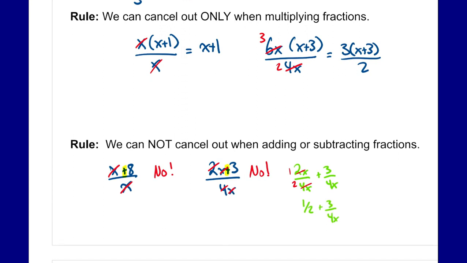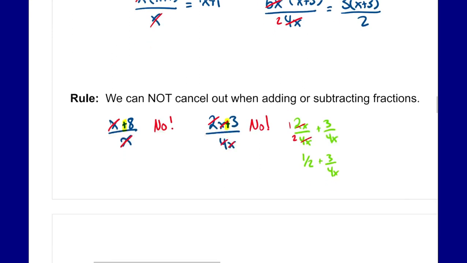I could do that, but then again, I would want to add my fractions together to simplify it, which wouldn't make this any different, right? It would bring me right back to where I started. So I could break it apart similar to what we've done in our radicals unit, and simplify individual parts there, or I can just leave it as is. So those are some rules to consider when we're dealing with fractions.